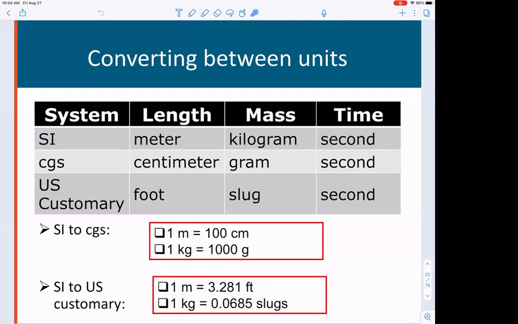And then everything else can be built out of that. So if you talk about, for example, speed, that is the amount of distance covered in some amount of time. So it involves a measurement of length and time.